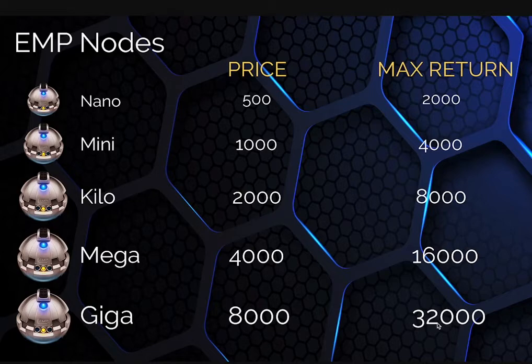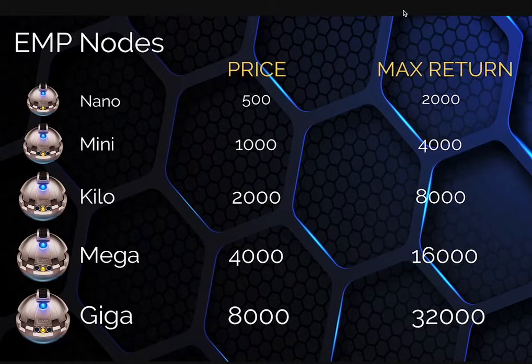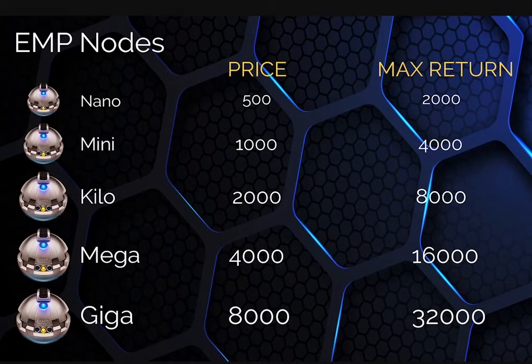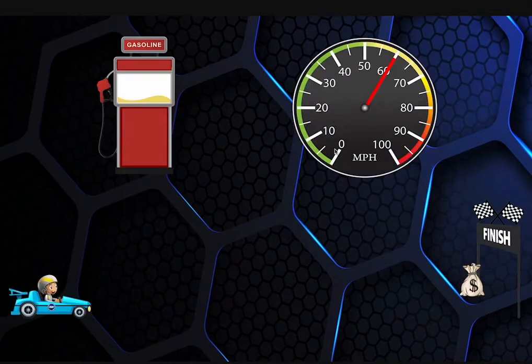So what then makes them different besides the price? Well, the other variable is time. And this is where the larger nodes excel. Basically, they allow you to get this max return faster. So here's a graphic I created to kind of illustrate this. Let's say that you're a race car driver and you're going to be in this race.